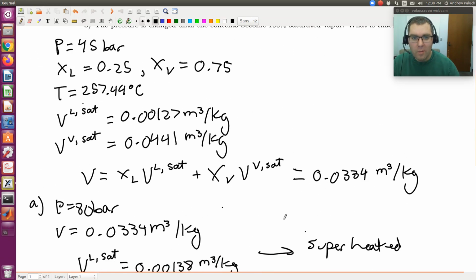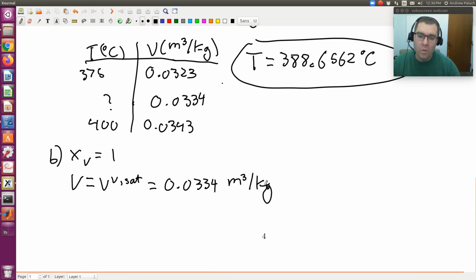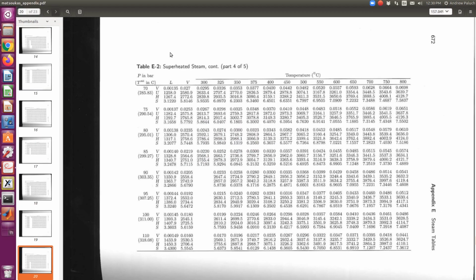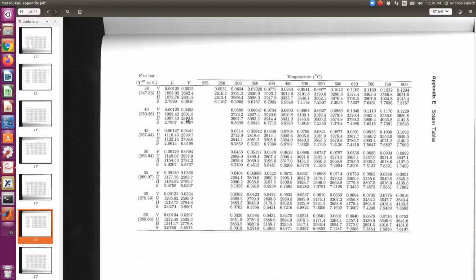What we want to find is the pressure for which our vapor is at that specific volume. One way would be to look at my saturated vapor column, and I'm looking for 0.0334. It looks like it will be between 55 and 60 bars.